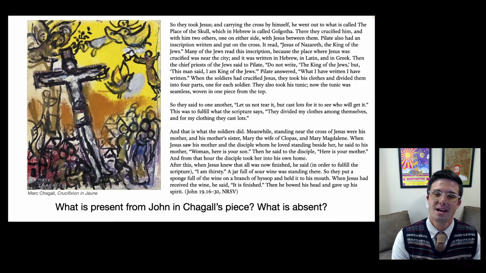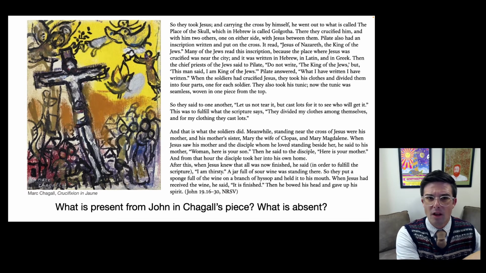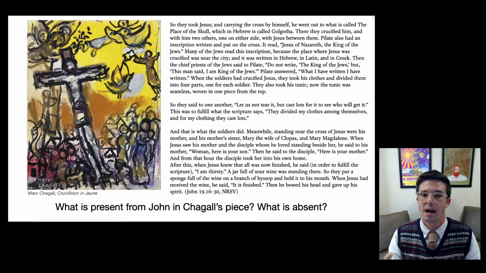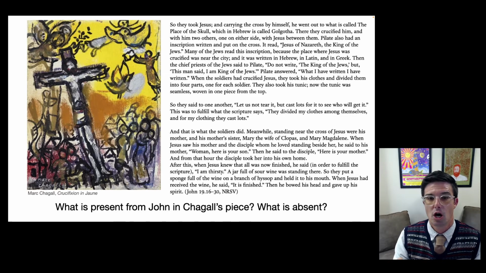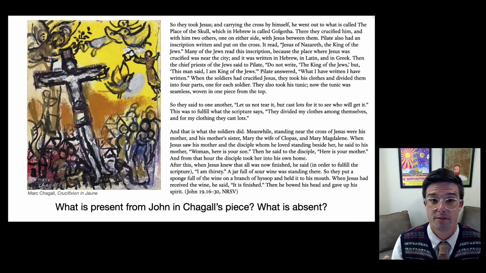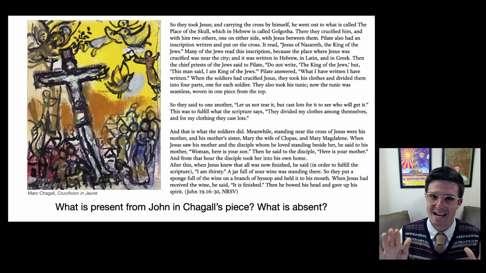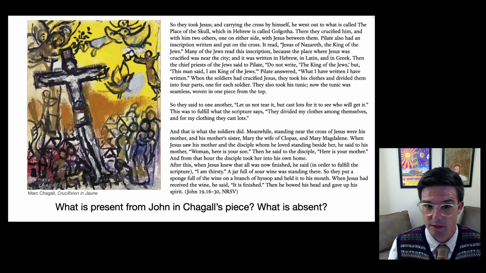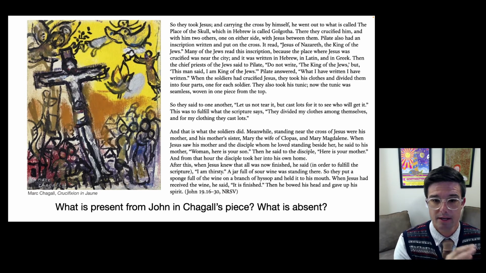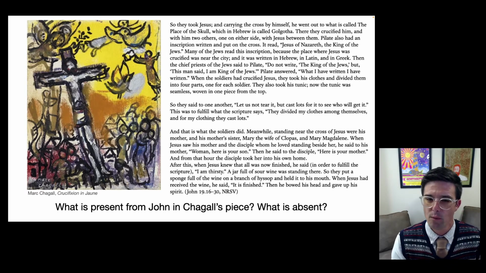So what I want you to do is look at, on the left-hand side of your screen, Marc Chagall's Crucifixion in yellow, and compare it with these 14 verses from John chapter 19, which is part of John's account of the crucifixion. And what I want you to write down or type out in your lecture pause notebook or folder is what is present from John 19 in Chagall's piece and what is absent.